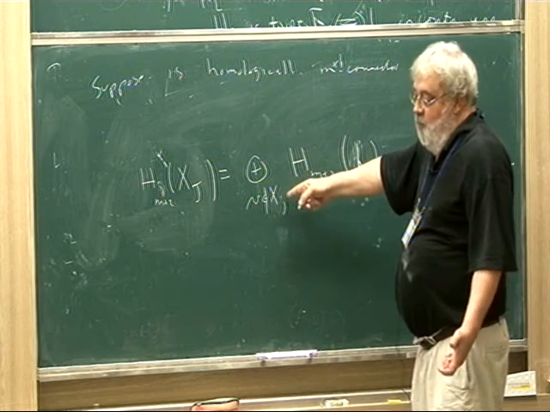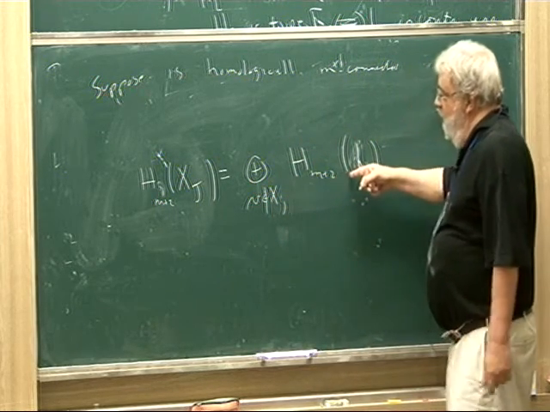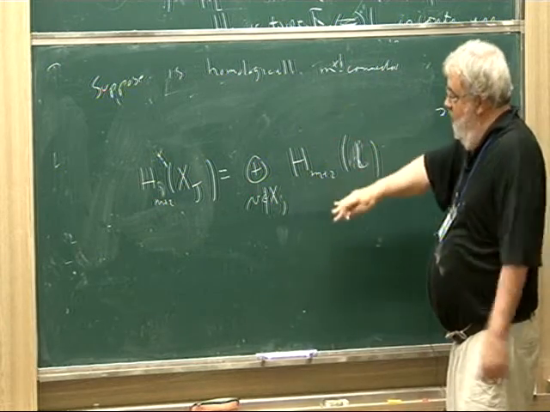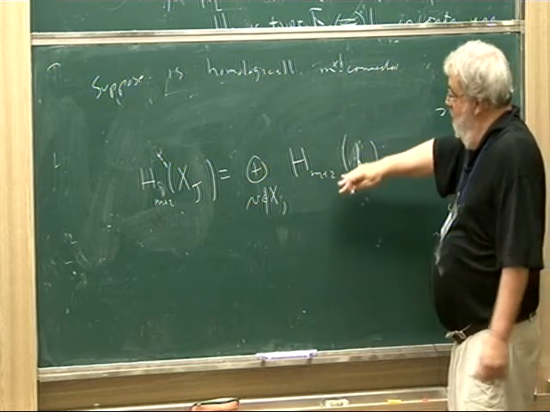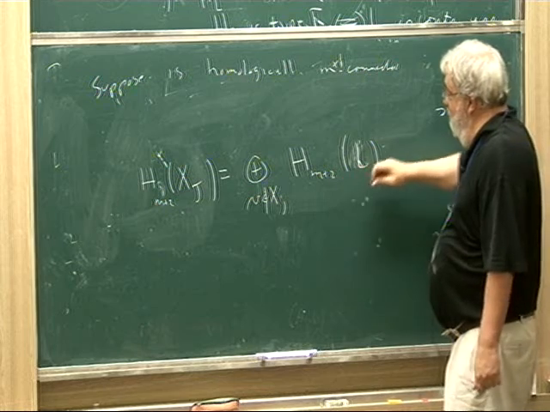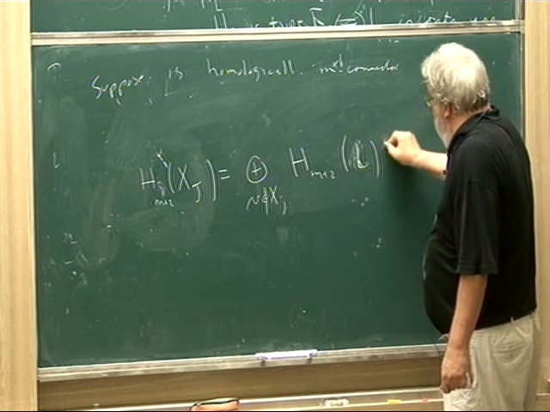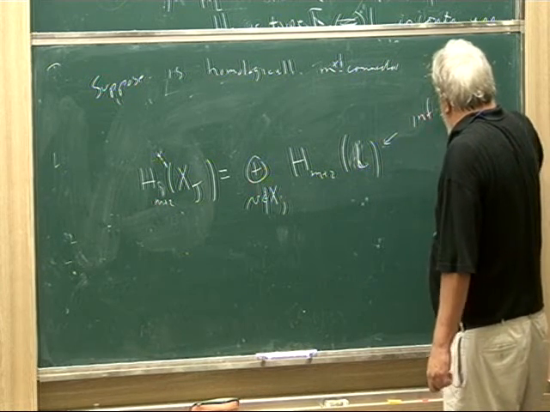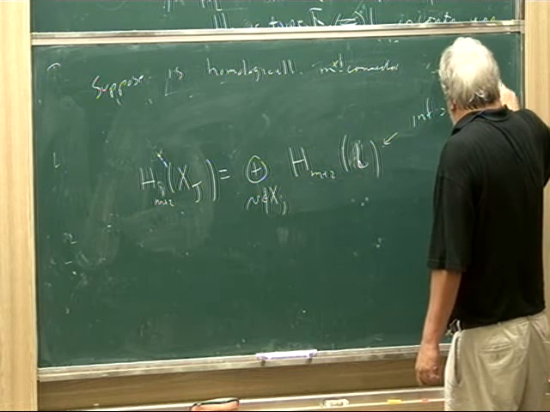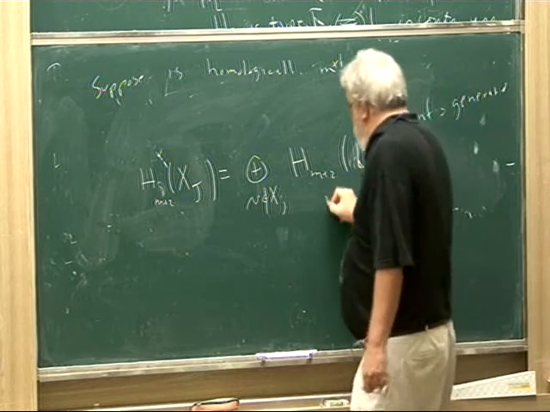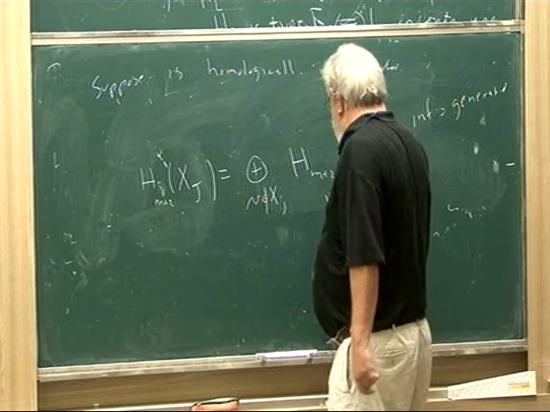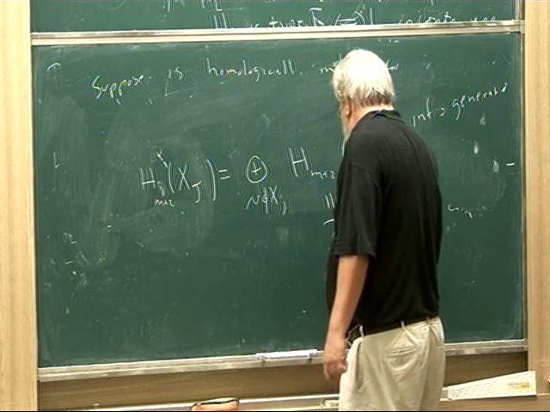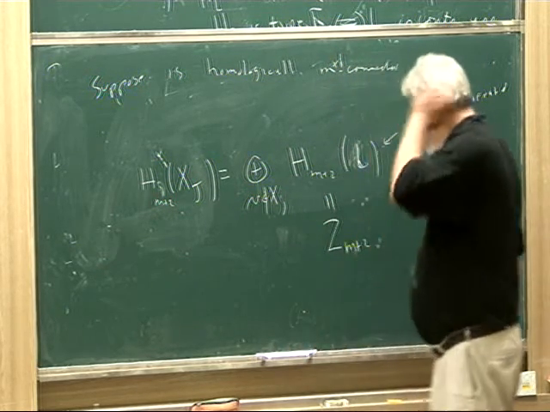So if I look at any proper interval, this is going to have an infinite number of levels. It's going to miss an infinite number of integers. So this is going to be infinitely generated. So basically, this plays the role of what I called over there Z m plus 1. Maybe I should have been calling it Z m plus 2, I guess.